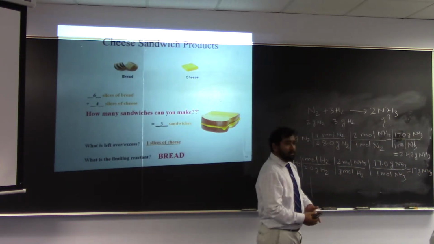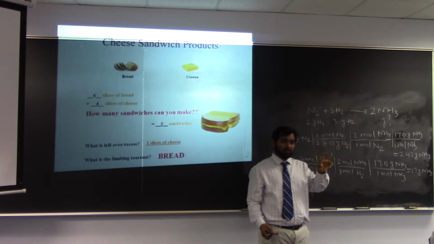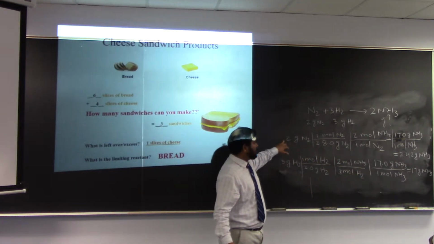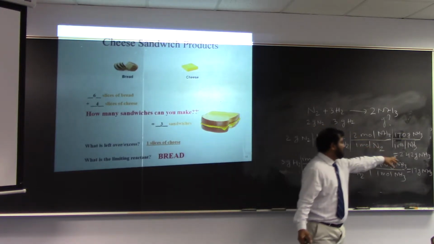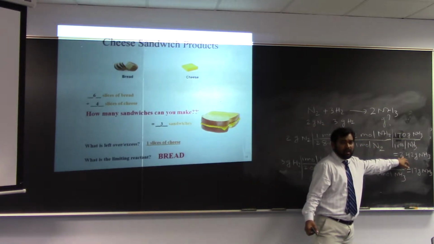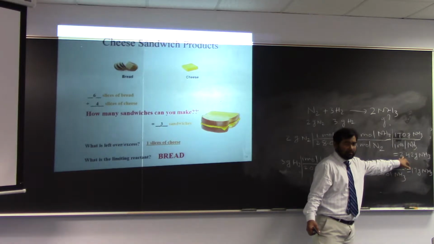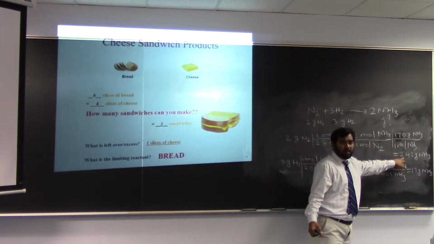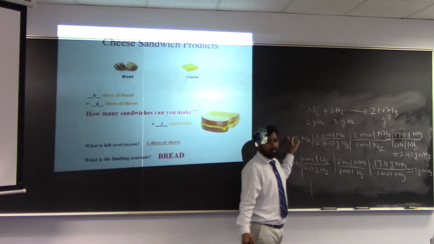So remember, I give you another example, a race of this class. I am the one who is going at very low speed. So the reactant making a small amount of the product, that's called the limiting.